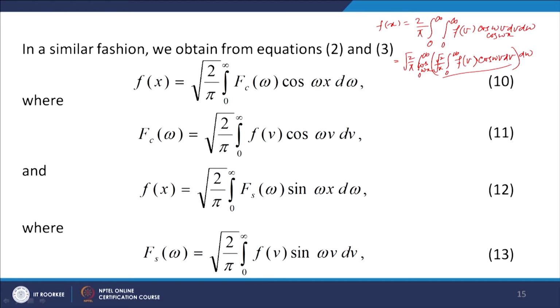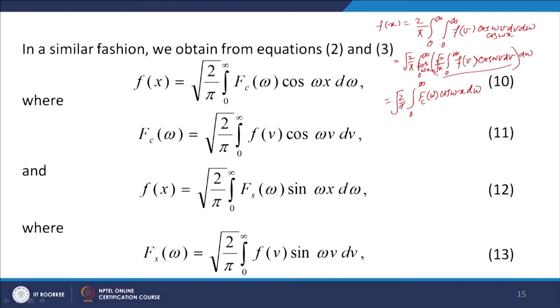This quantity is termed F c omega. So we get root 2 over pi, integral 0 to infinity, F c omega cos omega x d omega.